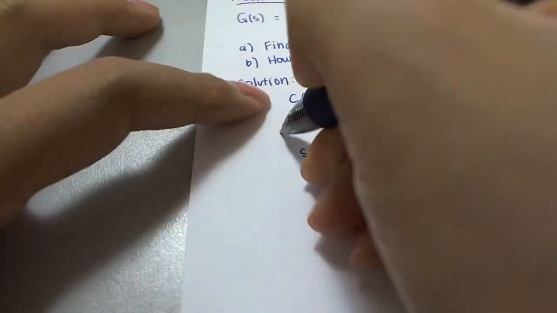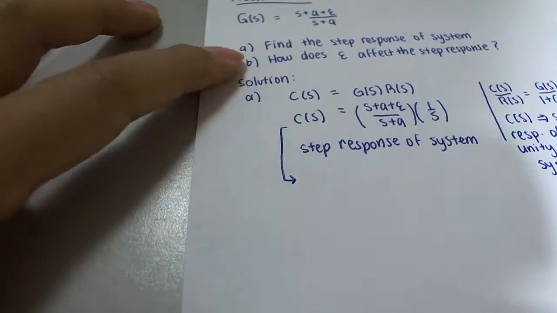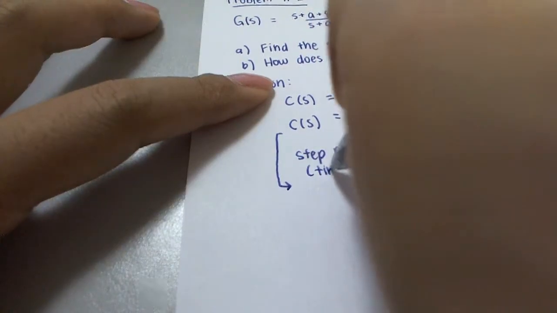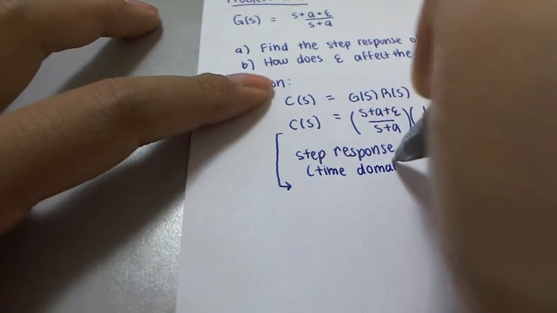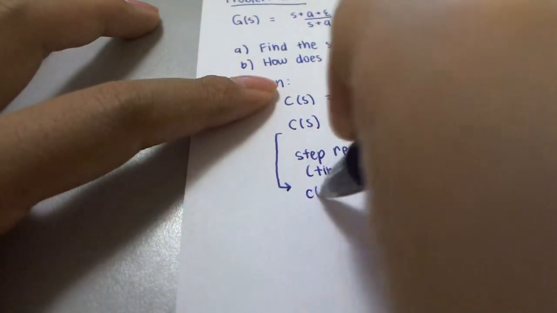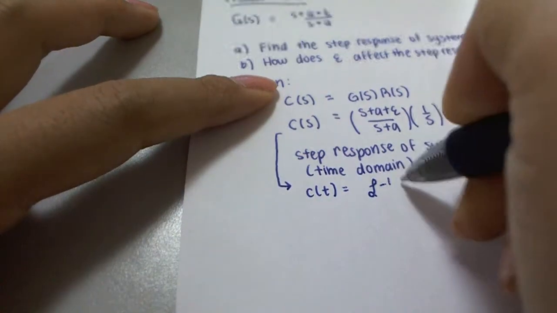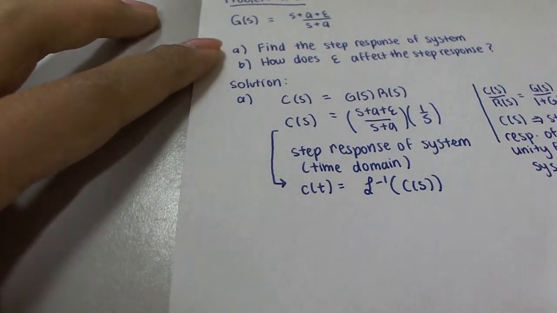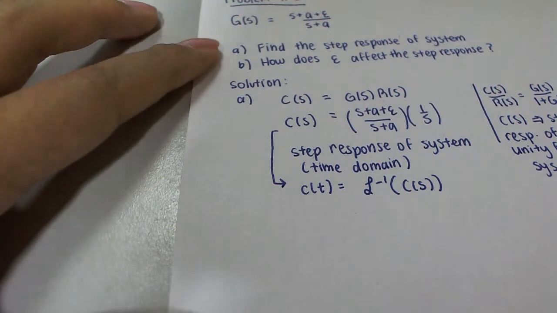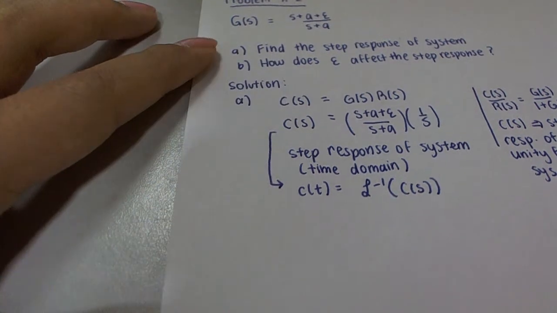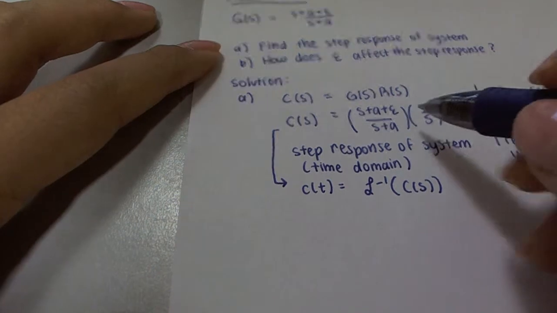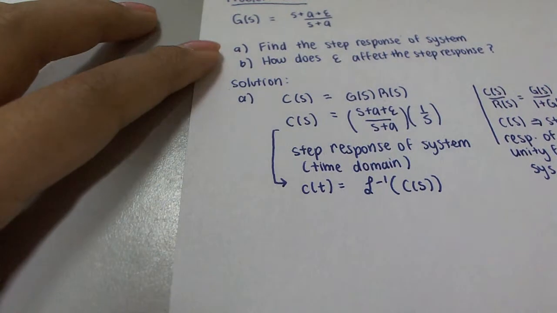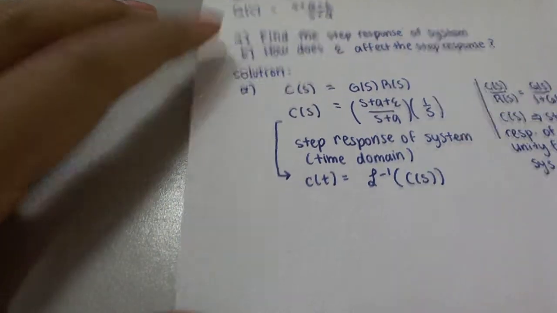So if we follow on over here, the step response of a system is basically in the time domain. So what we can do is, of course, perform an inverse Laplace transform of the system output, C(s). And then the question specifically mentions to find the step response by taking the inverse Laplace transform of 1 over (s + a), and then use the superposition and differentiation rule to solve the problem.